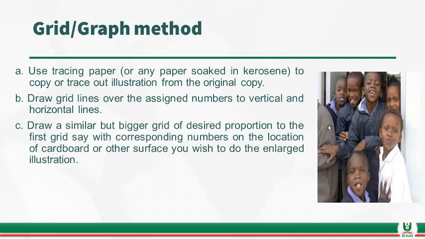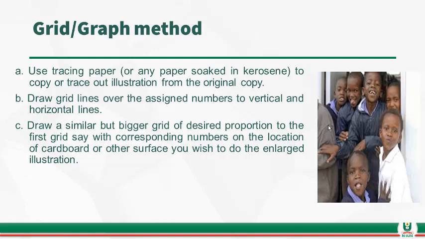Then we draw a similar but bigger grid of the desired proportion to the first grid, with corresponding numbers, on the cardboard or other surface where you wish to do the enlarged illustration. So whatever we have drawn on the original material that we want to copy, we can extend it proportionally to the size we desire.